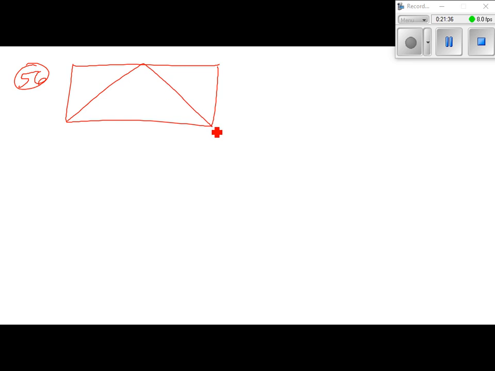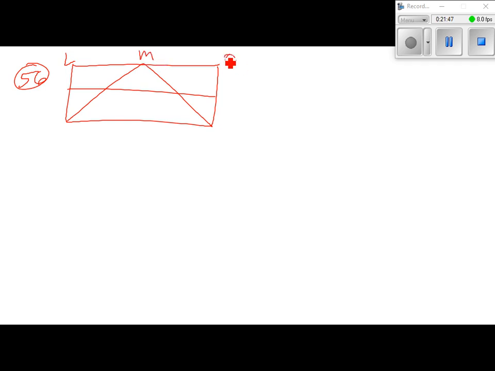Flipping over to 56. For 56, I give you a picture, and it looks like this. I do a bunch of extra stuff in there just to try to confuse you.